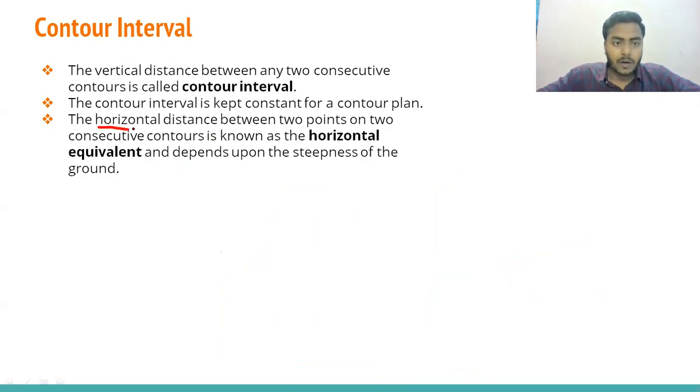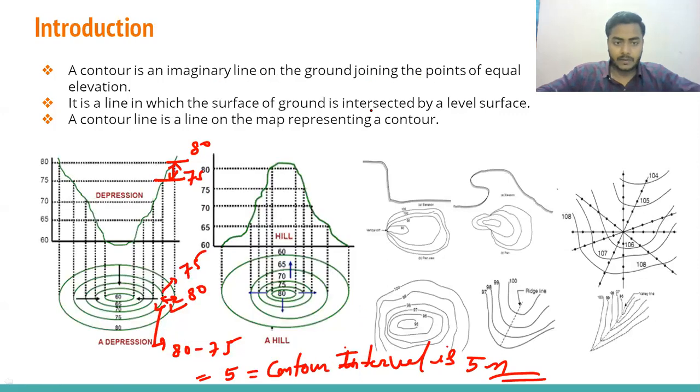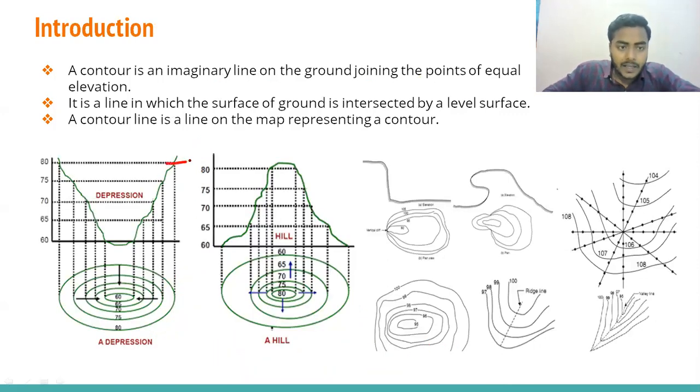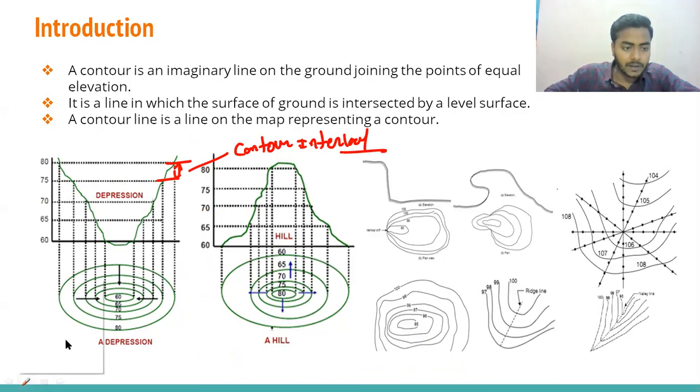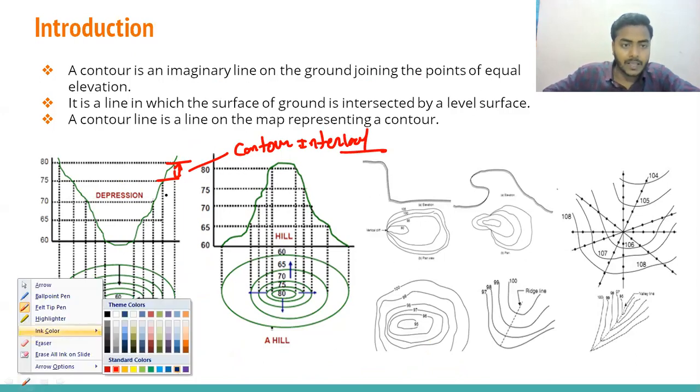The horizontal distance between two points on two consecutive contours is known as the horizontal equivalent. Now come to this figure. The vertical distance between these is called the contour interval. And the horizontal distance between these two contour lines, I'm using a different color, this one.